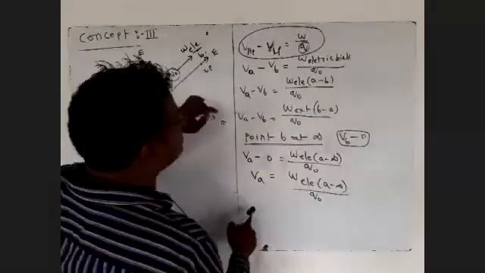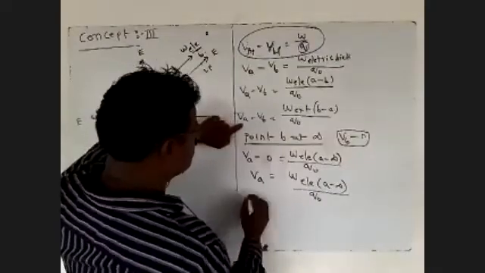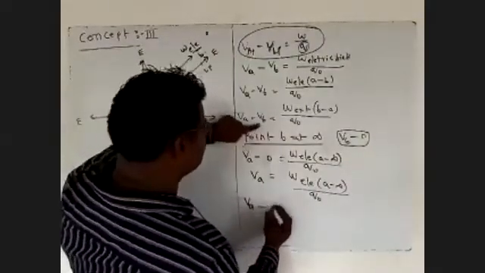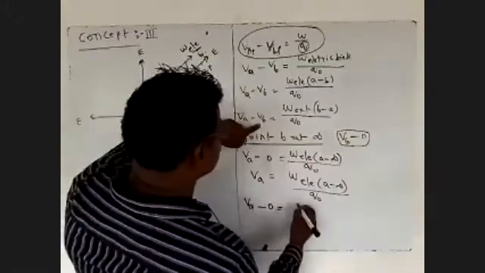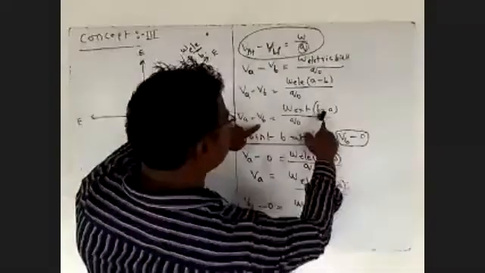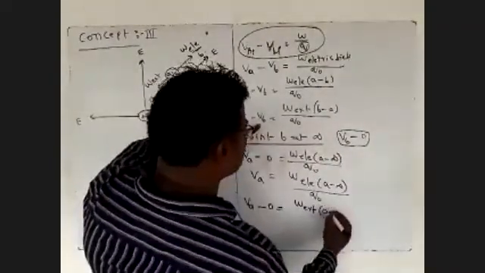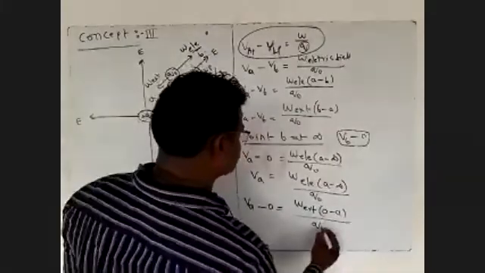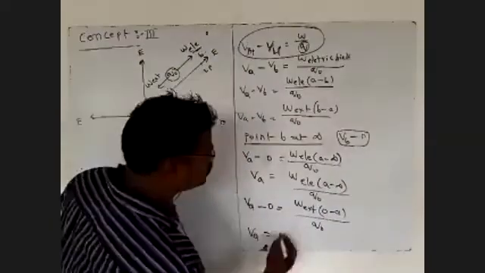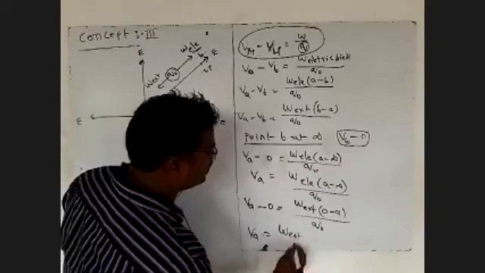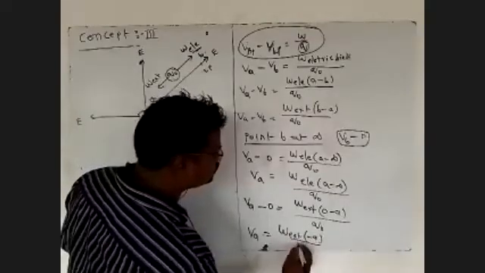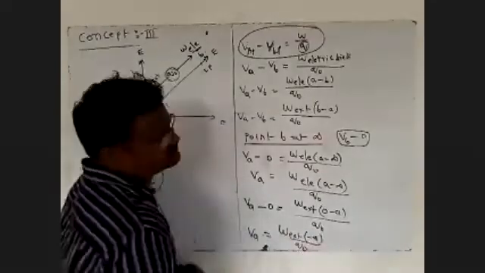Next, the second equation. VA minus VB, where VB is 0, is equal to W external by Q naught. So VA is equal to W external by Q naught, minus A by Q naught.